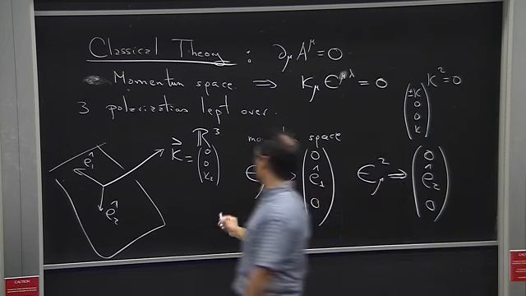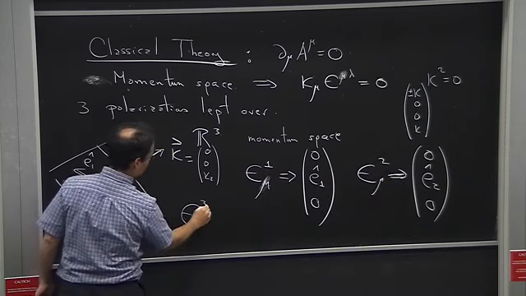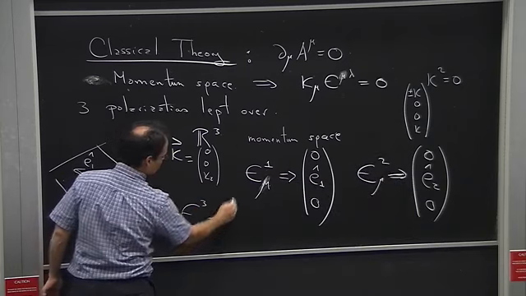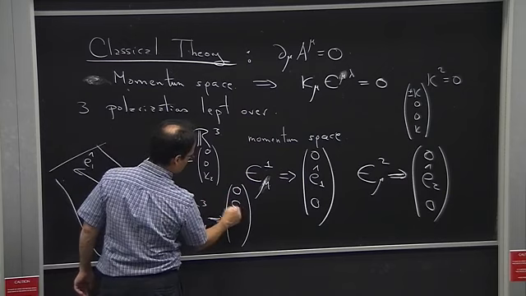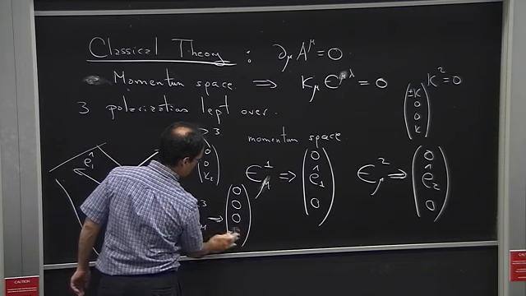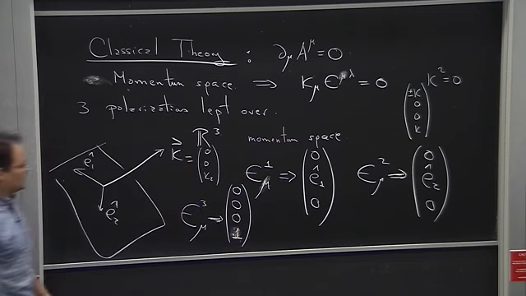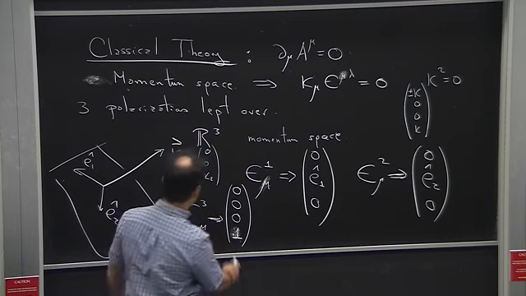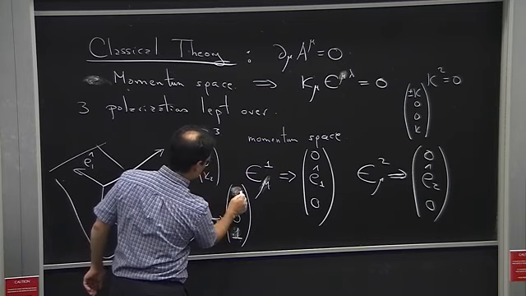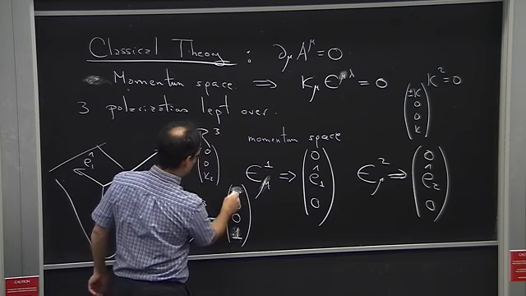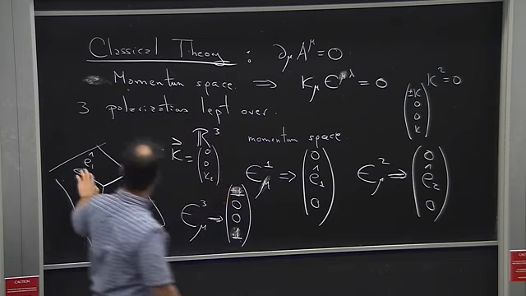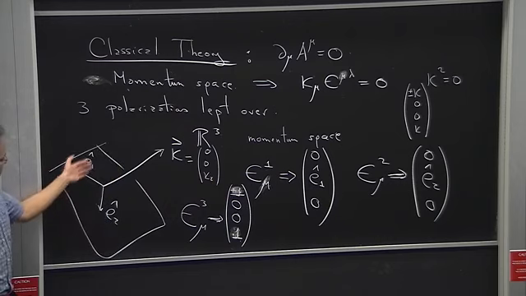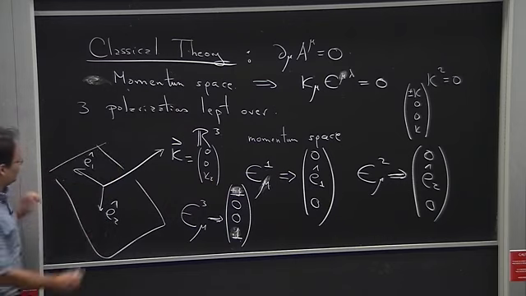And you have a third possibility, which is to choose this guy to be that component over here. So E1 hat and E2 hat are two component vectors that live in this two-dimensional plane.